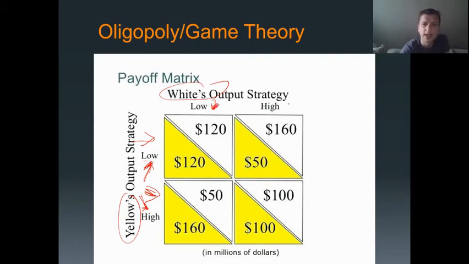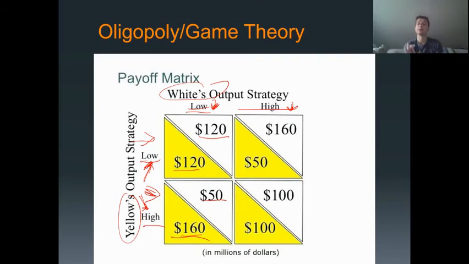And if white chooses a high price, we're looking at this column. And then you just figure out the combinations. So if yellow chooses low, white chooses low, then yellow gets 120, white gets 120. If yellow chooses high and white chooses low, then yellow gets 160 and white gets 50. So that walks you through how to look at it.